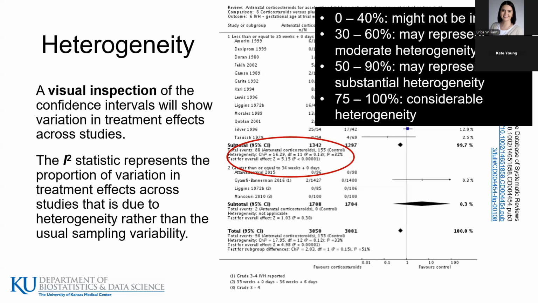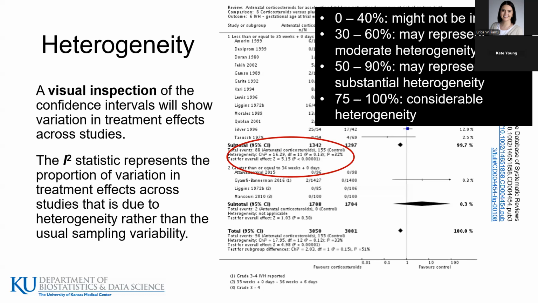We want this I-squared statistic to be as low as possible, because we want the sampling variability to be more important than the variability attributed to methodological differences. So this is a rough guide to interpret the I-squared statistic.